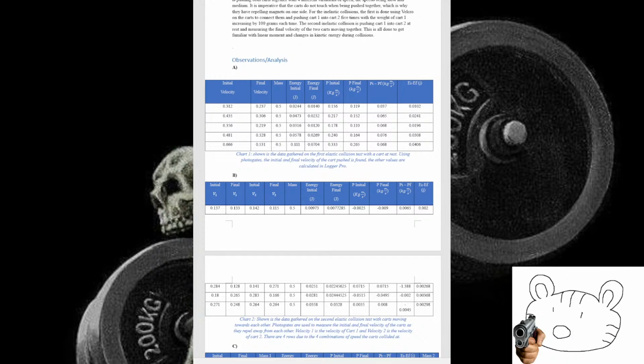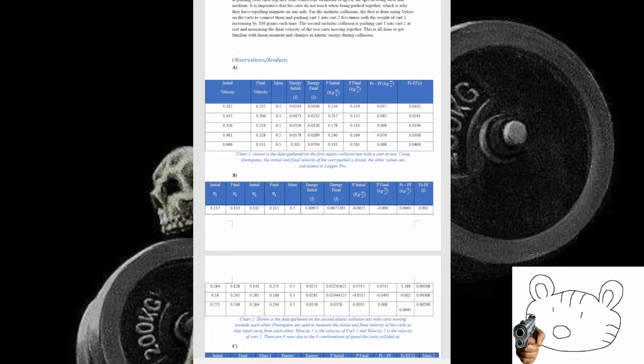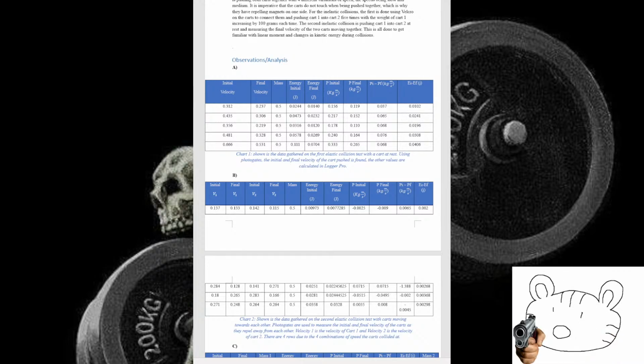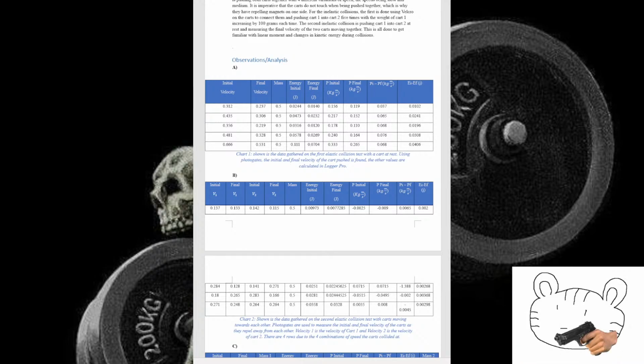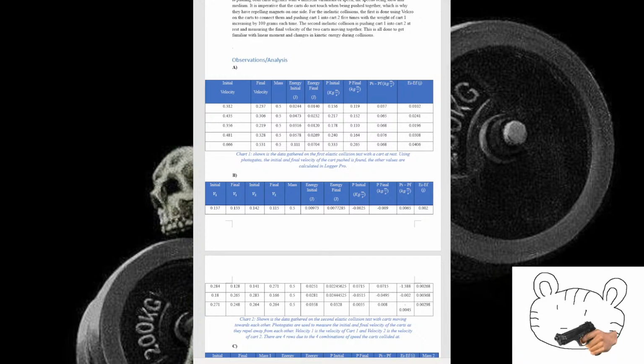That means it's 0.007 kilograms per meters per second lost over the course of it moving. That's what it is. There's only one PI PF for graph 2, so I'm gonna be honest, I'm not entirely sure why.